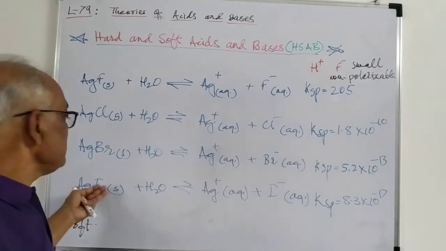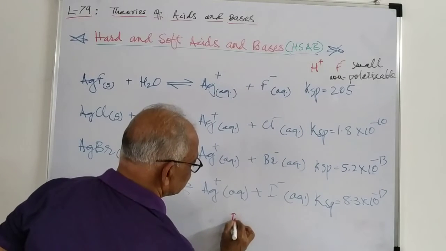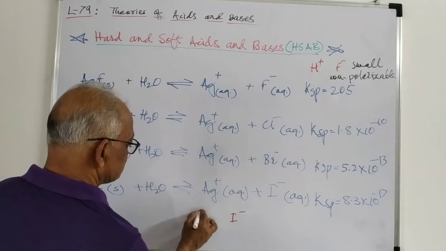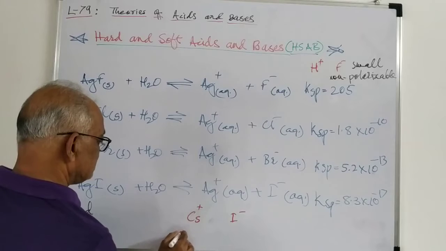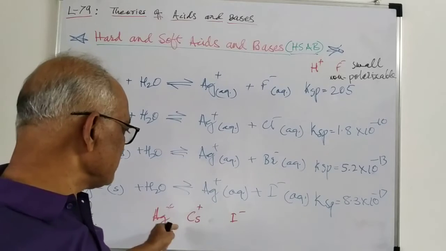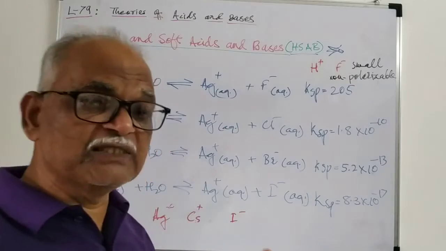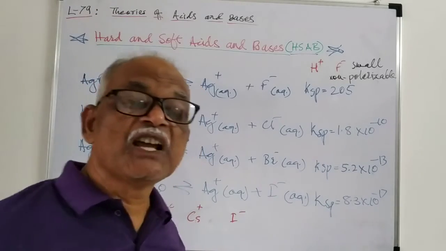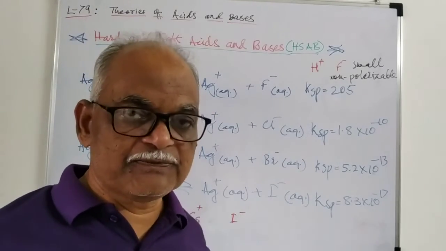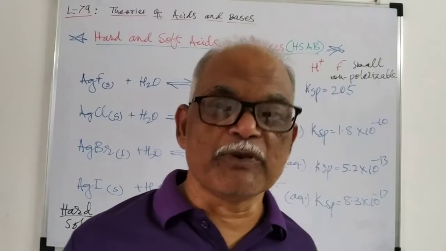In the case of iodine, we can consider species like I minus, or cesium ion, or the Ag plus ion. If we see all these ions, first of all the size of these species is very large, and because of this they do not have the nearest inert gas configuration.